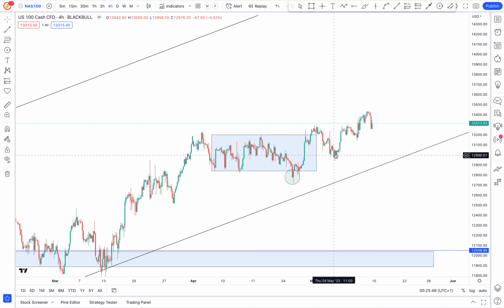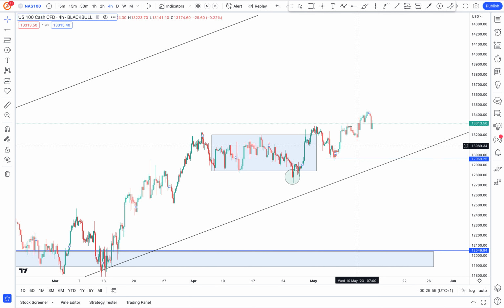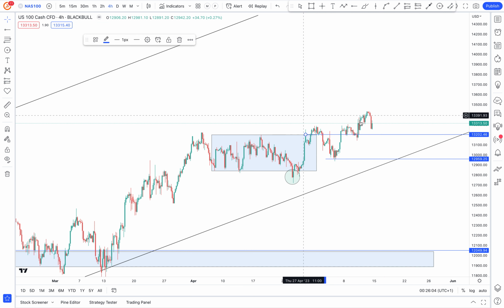Then we had price coming back in between this consolidation box, and then we had another breakout, and then some sort of retest around this zone, right?